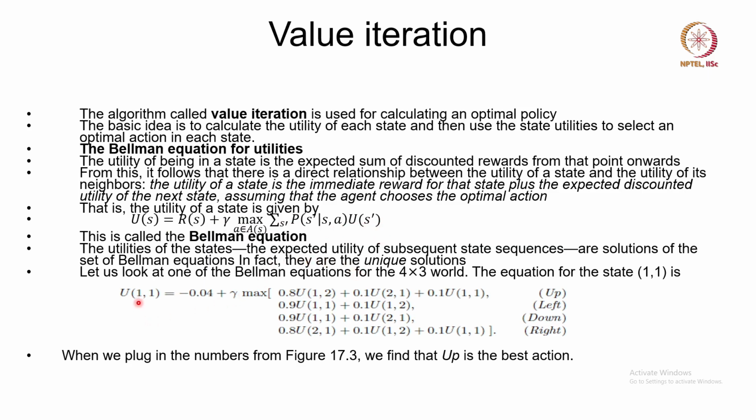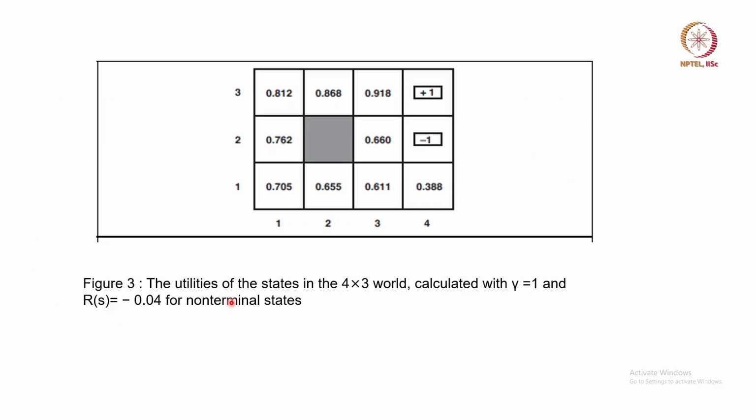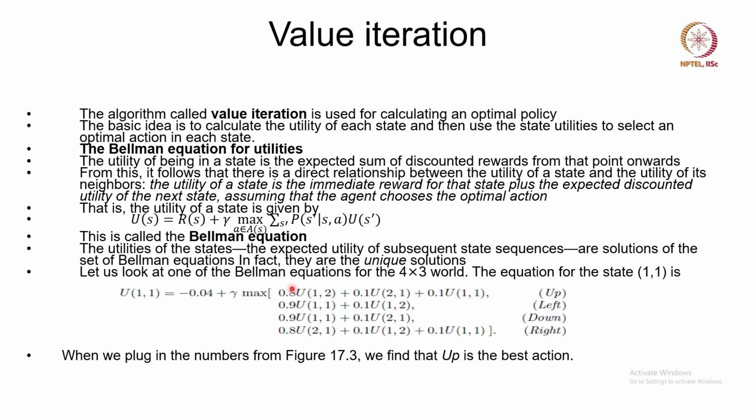For example, if you take U of 1,1, in other words the square 1,1, you take R of S of that, which is minus 0.4, plus gamma into max of the utilities you have, U1,2, U2,1, etc. We have these values available to us from this particular square, so we plug those values in, taking all the neighbors of the node.